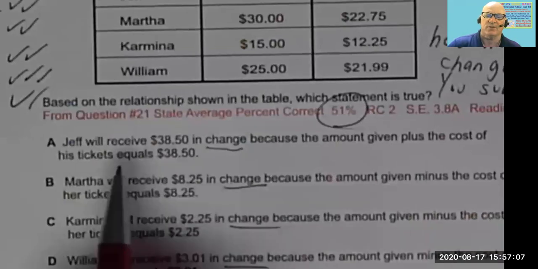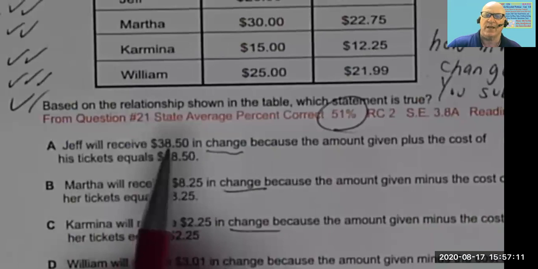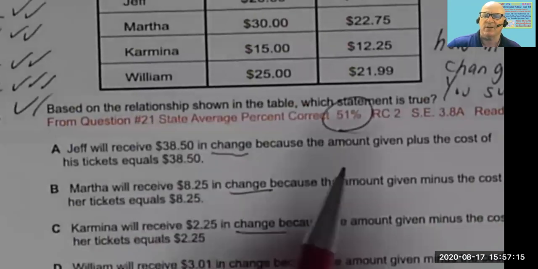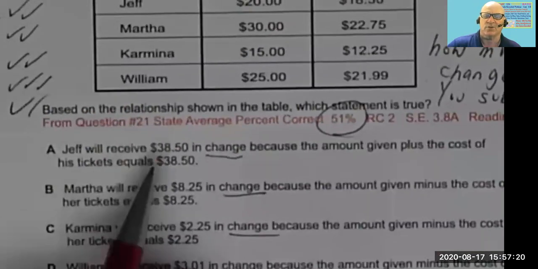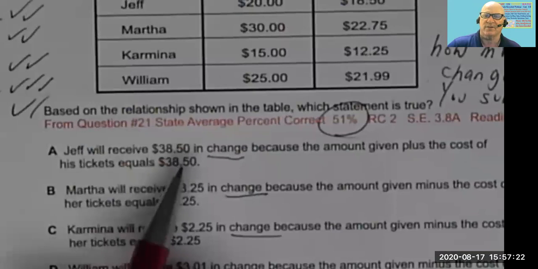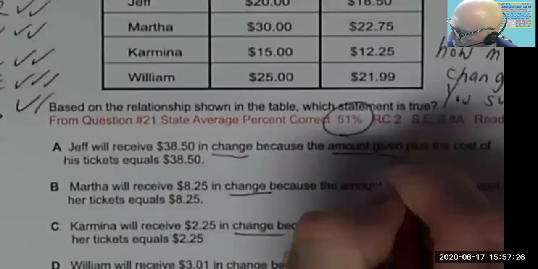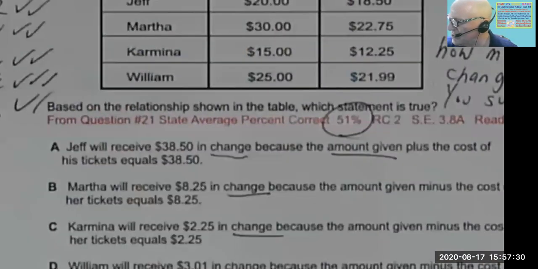Let's see if one of these is true. Jeff will receive $38.50 in change because the amount given plus the cost of his tickets equals $38.50. Okay, so the amount given for Jeff, let's take a look.